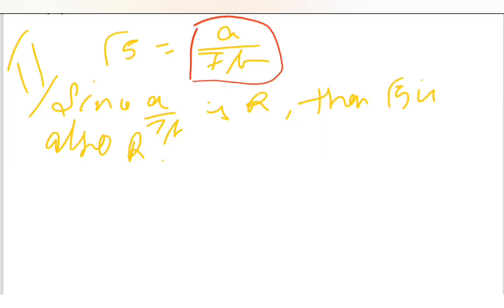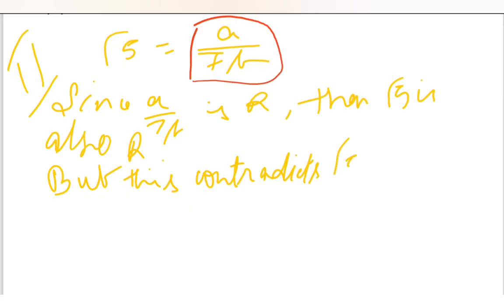Since a by 7b is rational, then root 5 is also rational. Now we are writing, but this contradicts that root 5 is irrational.